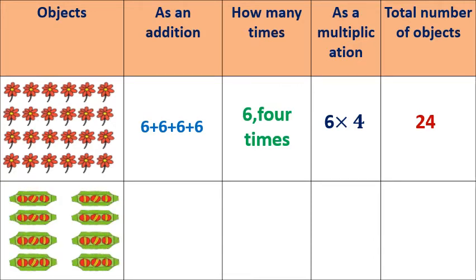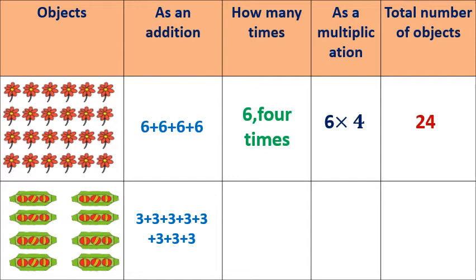Next one is balls in boxes. See, in each box there are 3 balls. How many boxes are there? There are 8 boxes. Here each box has 3 balls, means we are going to add 3 8 times. Correct?